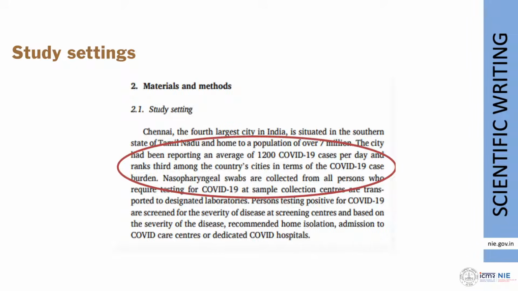In the study settings, we've written what is the general testing and reporting framework that we follow in Chennai as in India. So we have given the reader a sense of context about the place where the study is taking place, about the disease, and the testing and the reporting for that disease which happens in this geographical setting.